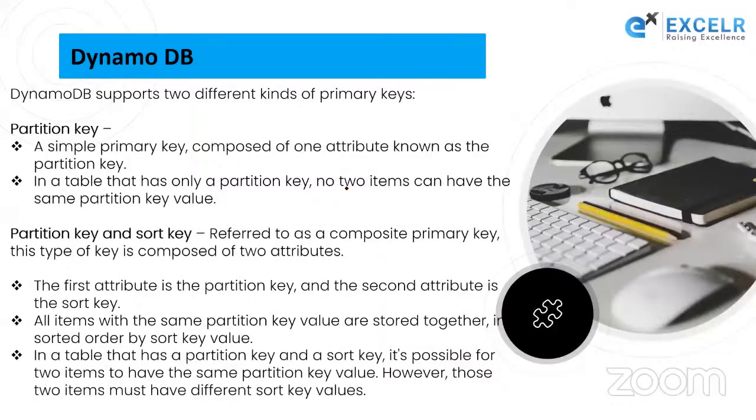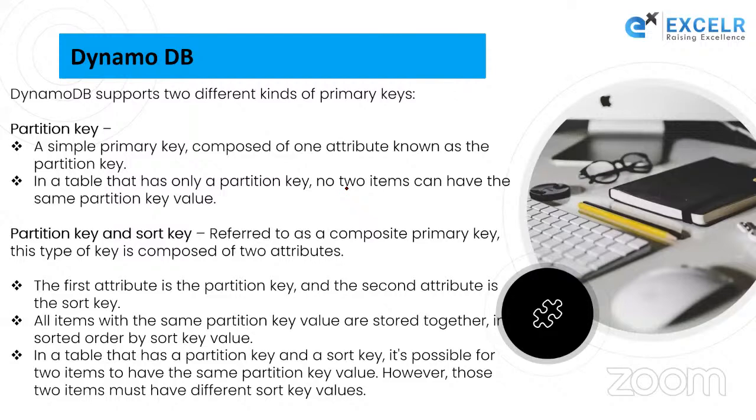A partition key is a key you need to specify whenever you are going to create a table. This partition key is going to have a unique value within your database table, and it is going to help you index your data in the database. So there are two types of keys: one is a primary key and one is a composite key.